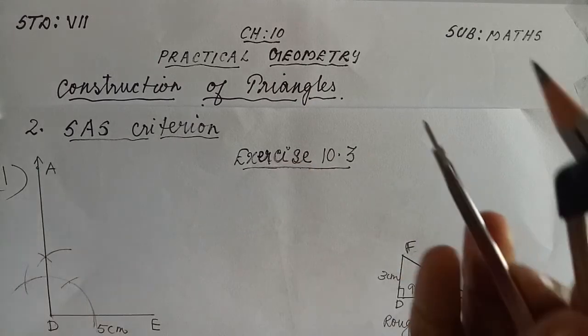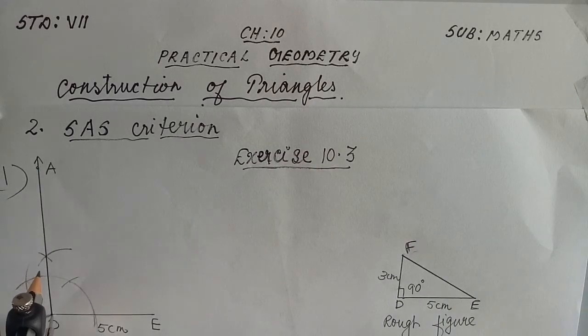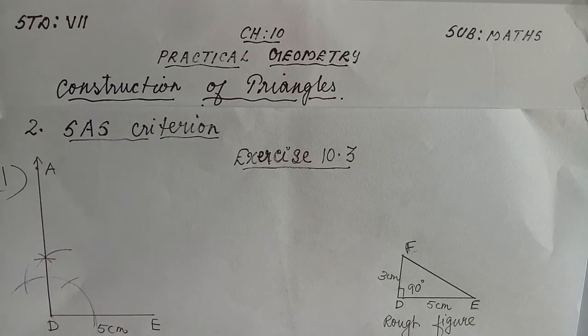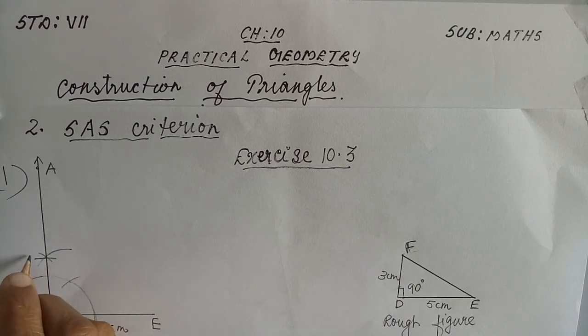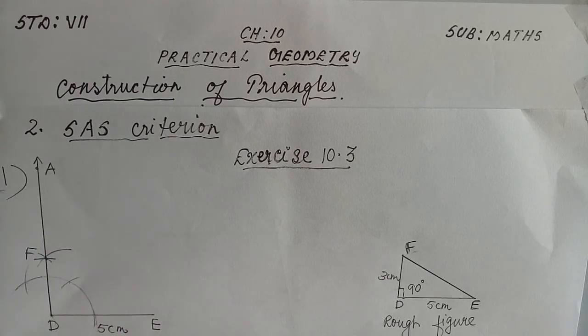Taken 3 centimeter, keep at the point D and draw one arc and mark this point as F. Then what to do next? Join E and F.